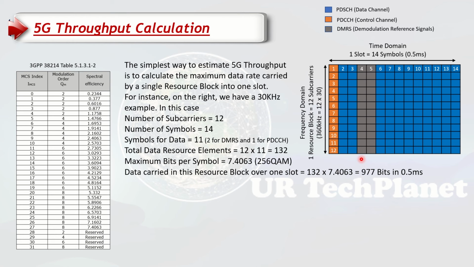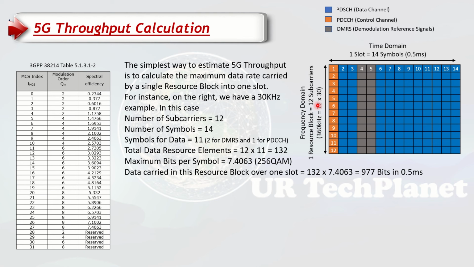So now we know that this is the building block of 5G, and in one block we carry 977 bits. Whatever the configuration we get, we can just multiply this value with that bandwidth or that slot length, and we can find out the actual throughput.